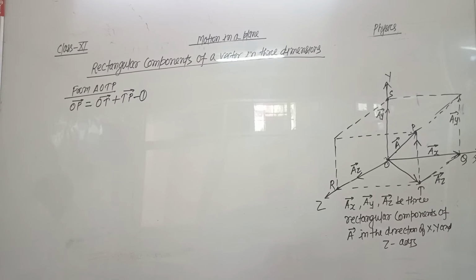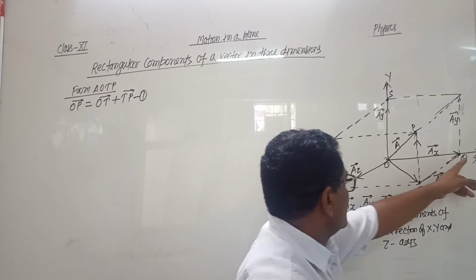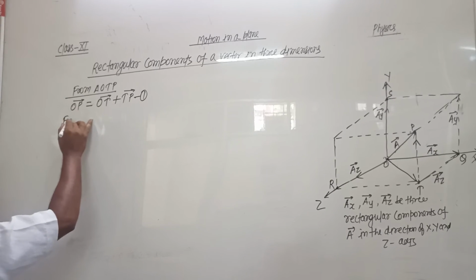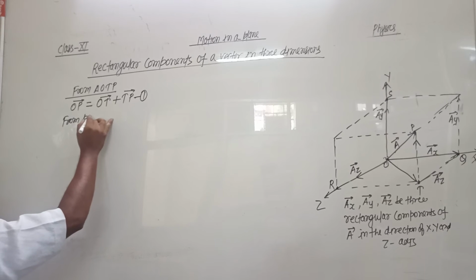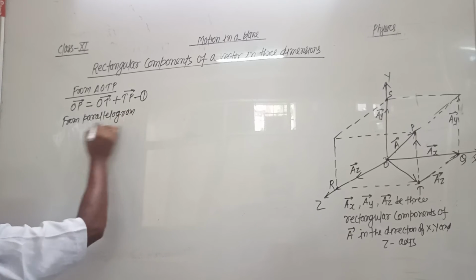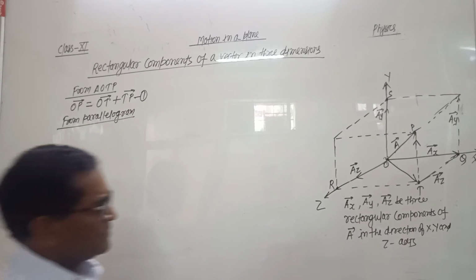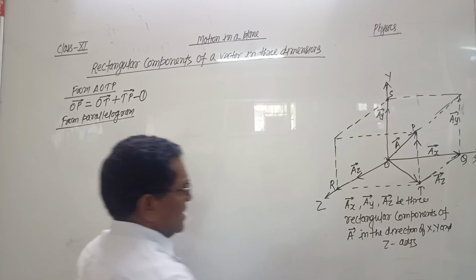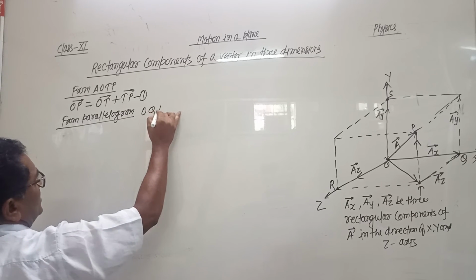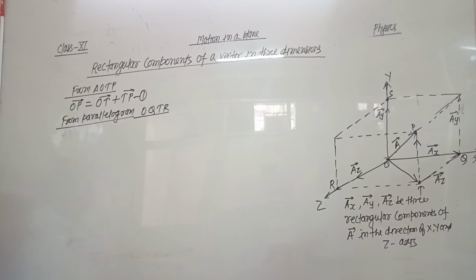Now from parallelogram OQTR, from the parallelogram law of vector addition, we know OT is the diagonal.